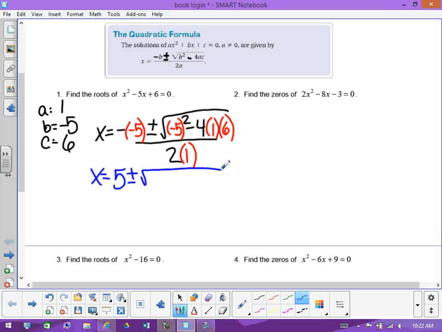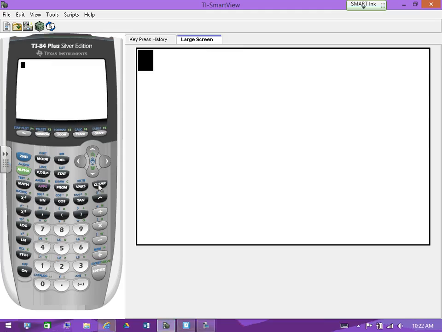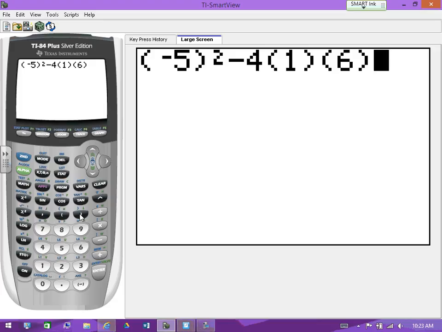I want you to put what's right underneath the square root sign, not the square root sign itself, in your calculator. So, we should have negative 5 squared minus 4 times 1 times 6, exactly what you see. The calculator is a tool that cannot help you if you do not enter it correctly.